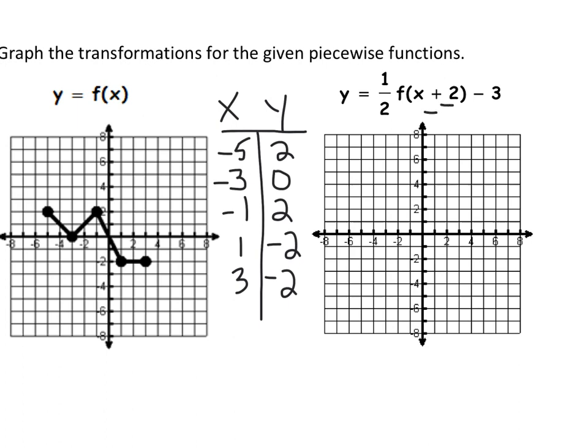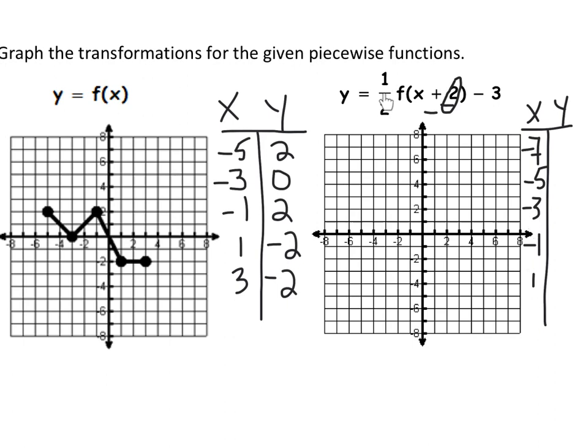And that's why we write +2 inside the equation, but it's really x minus a -2. So we're actually going back 2. So we subtract 2 from each one of our x values. All right, so when I subtract 2 from all my x values, I get -7, -5, -3, -1, and 1.